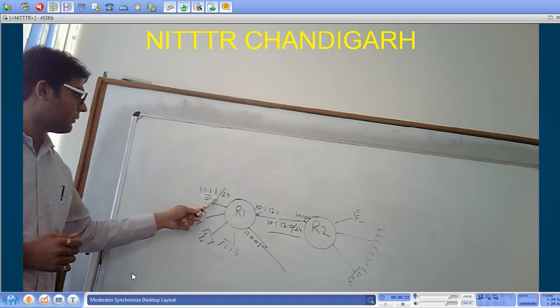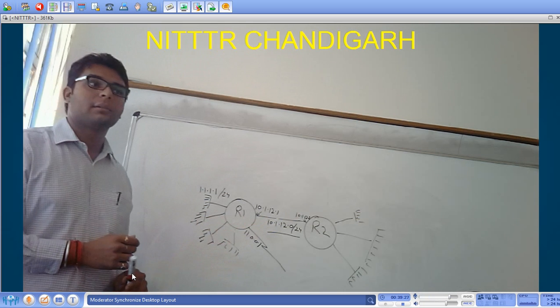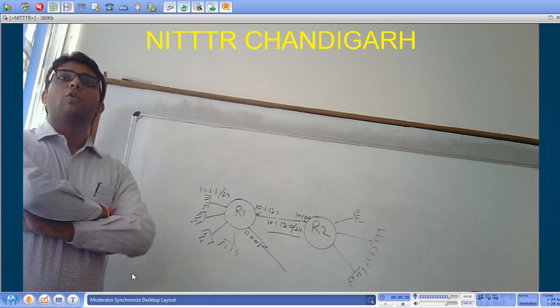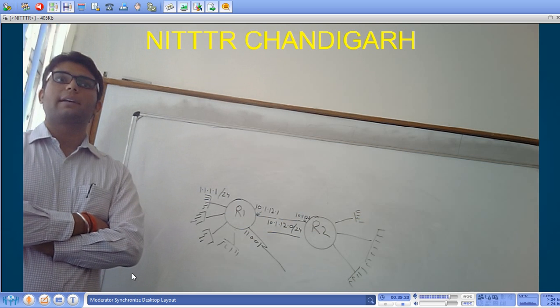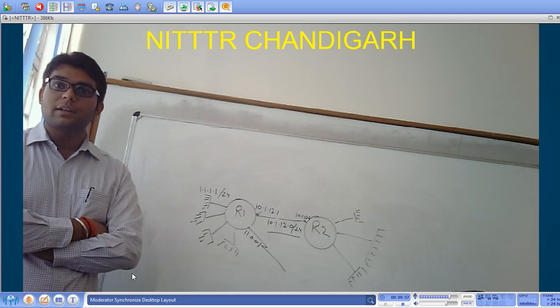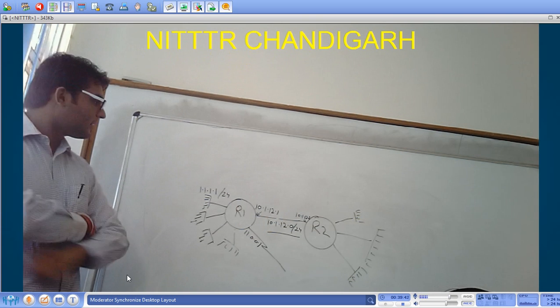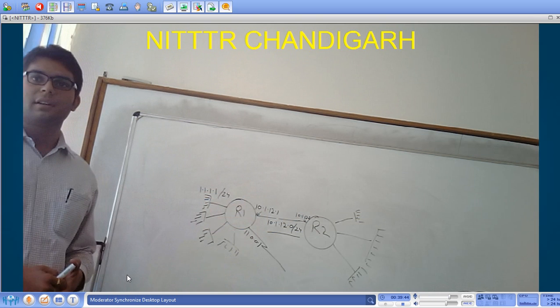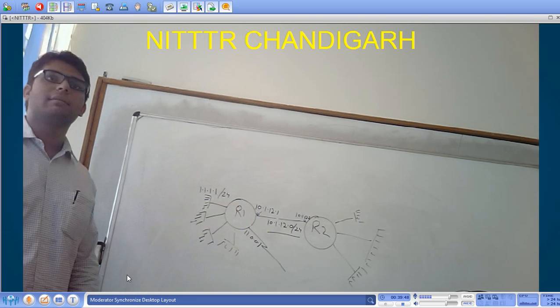Here I have 1 network, 10 network, and 11 network. Now who will become the router ID? Which one? Is it 10? Is it 11? Or is it 1? Why 1?